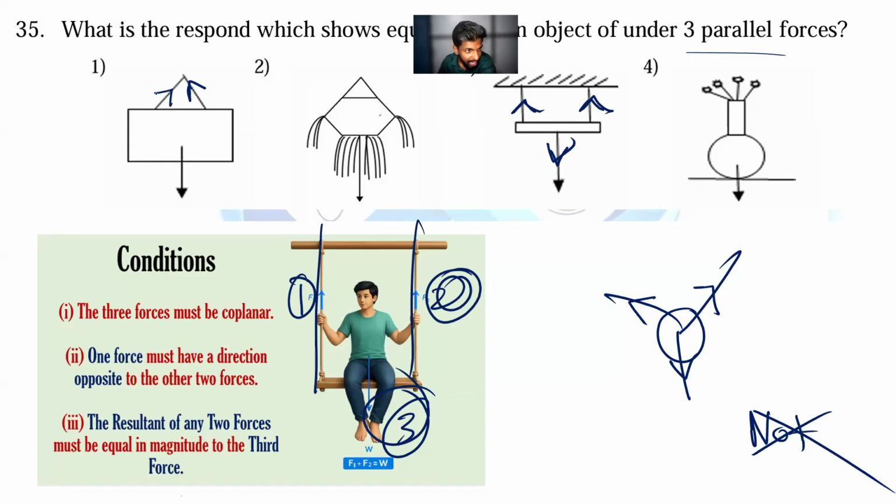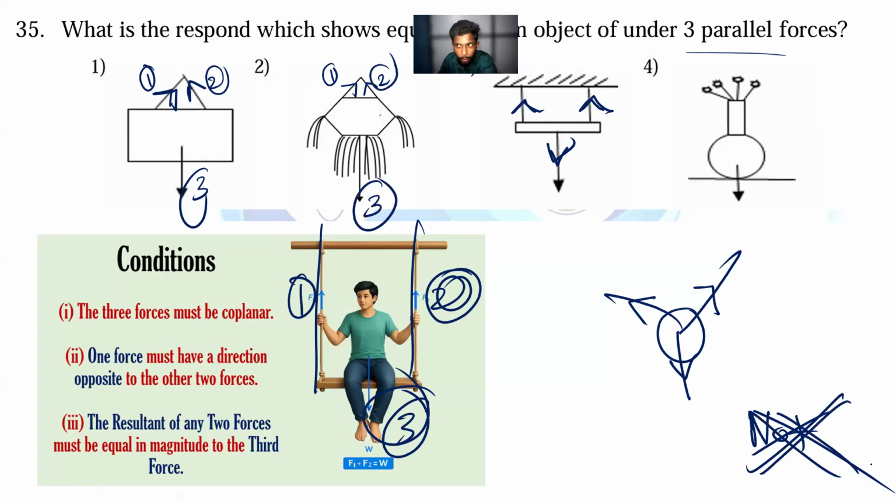First one, there are three forces, 1, 2, 3, but they are not parallel. Here we have three forces, 1, 2, 3, but not parallel. Here only two forces, 1 and 2. So that is also wrong.